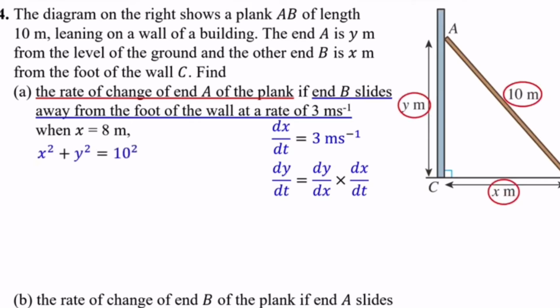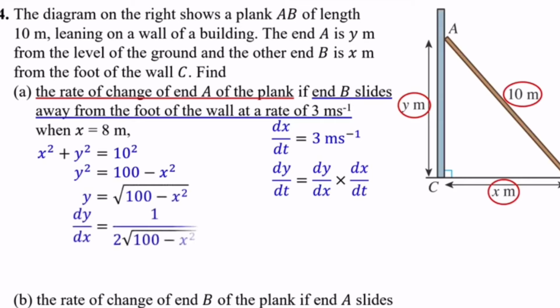So now we need to find the rate of change of y, dy/dt. So we need to find the relationship between the y and the x. So then we will use Pythagoras theorem. So y squared is 100 minus x squared. So y is square root of 100 minus x squared.